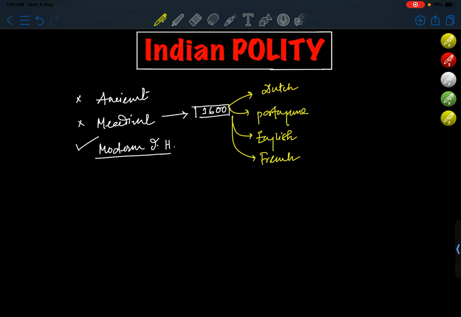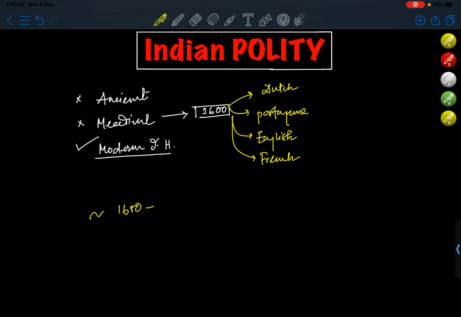From that time onwards, Indian polity history starts. Just understand one thing. Approximately around 1600, the arrival of the British as traders, that is the East India Company, was observed on Indian soil.